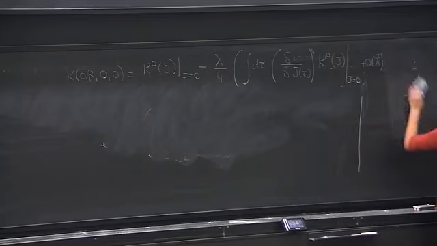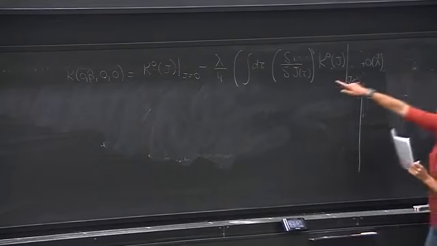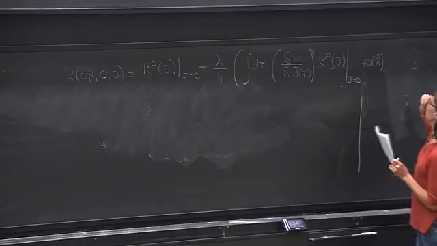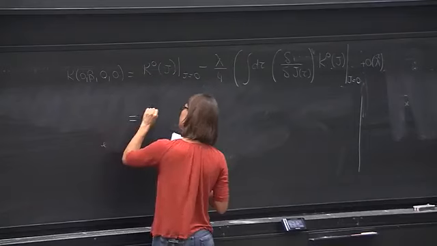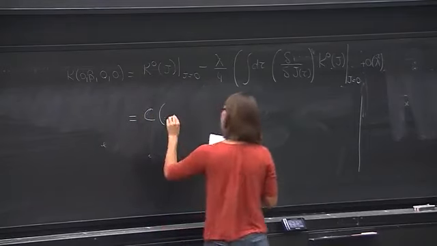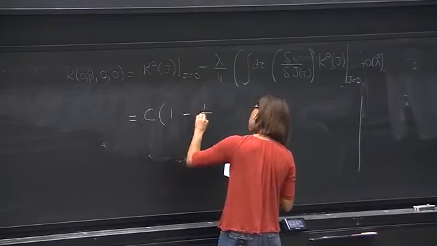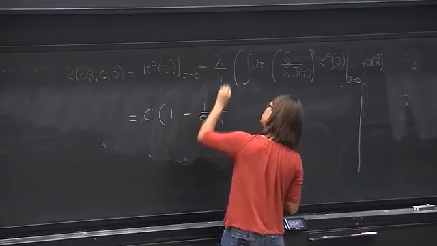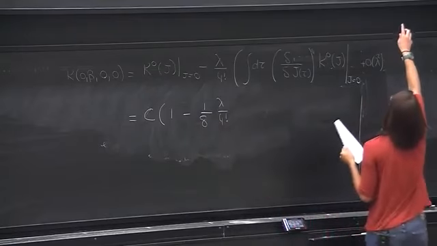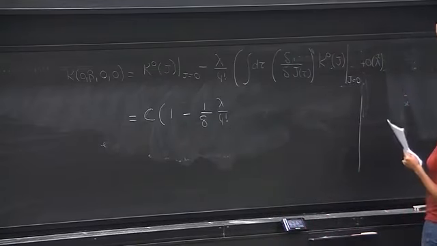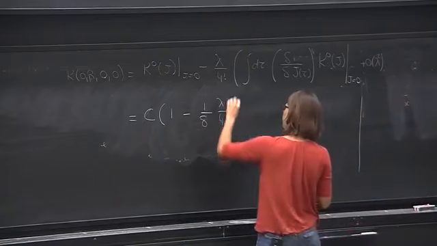Okay, so almost there. So if now we compute the functional derivative, and the only term important to compute this functional derivative on K0 J is this one, we just end up with this is going to give us C times 1 minus, and then the 1/8 comes from here, so it's 1/2 times 1/2 squared, so it's 1/8.